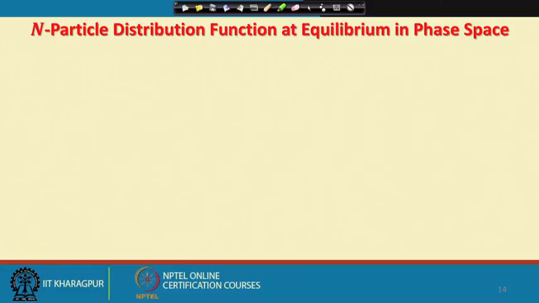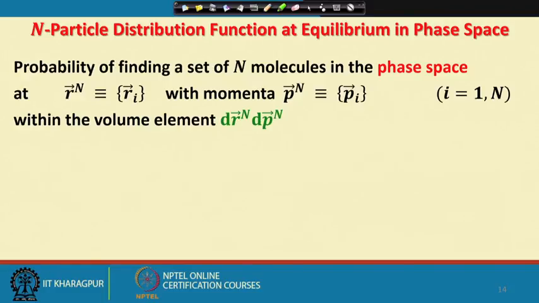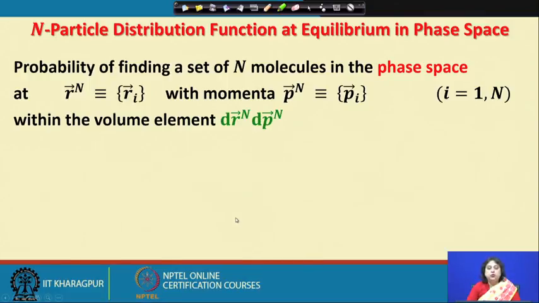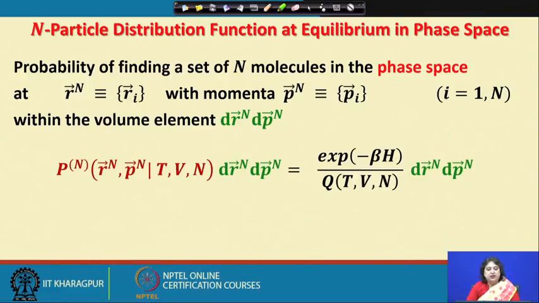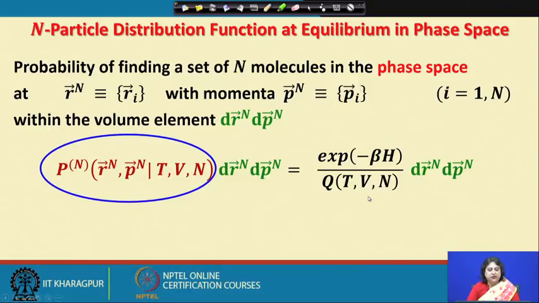Now, at equilibrium, we know that the probability of finding a set of n molecules in the phase space within a volume element, which is given in terms of dr and dpn, can be very easily written down in terms of e to the power of minus beta H, that is the full Hamiltonian of the system, divided by the canonical partition function.